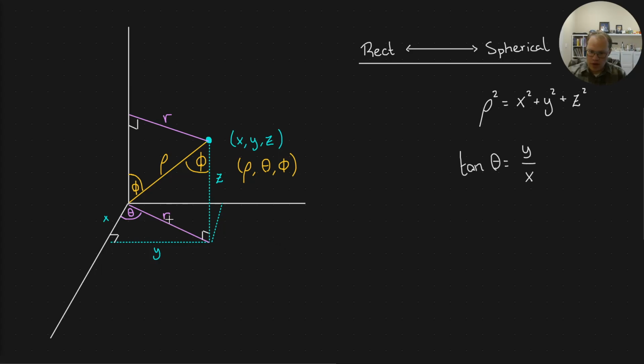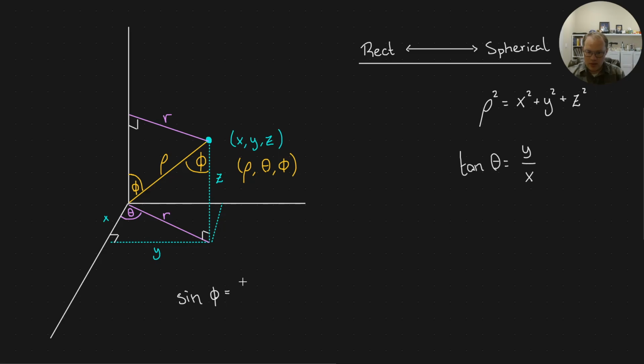We, of course, know that just looking at this triangle here, r squared is equal to x squared plus y squared using the Pythagorean theorem, right? But now let's look at this triangle up here and use some trigonometry to figure out what r is. So looking at angle phi, opposite is r, hypotenuse is rho. So sine of phi, sorry, I think I called this theta, it's phi.